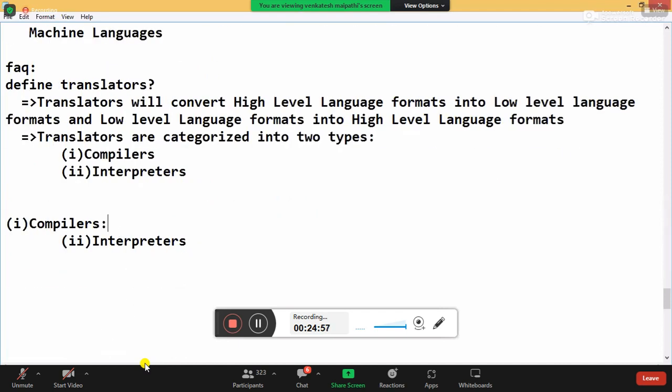Right, look here. Everybody knows compiler and interpreter, but for a minute I'll discuss them. Suppose I have one program with 20 lines.